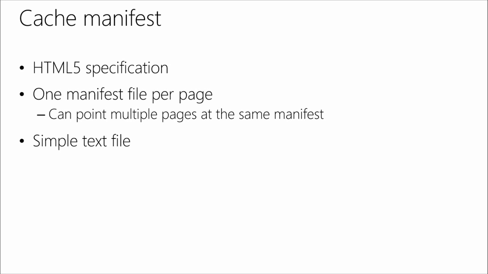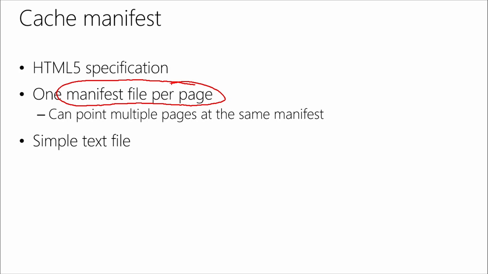Now, the cache manifest is an HTML5 spec. It does, of course, mean that not every browser is going to support this. And by the way, I should also highlight the fact that it's one manifest file per page, which is both a good thing and a bad thing. In that way, if I want to enable offline support for a couple of different pages, I can set them up individually.